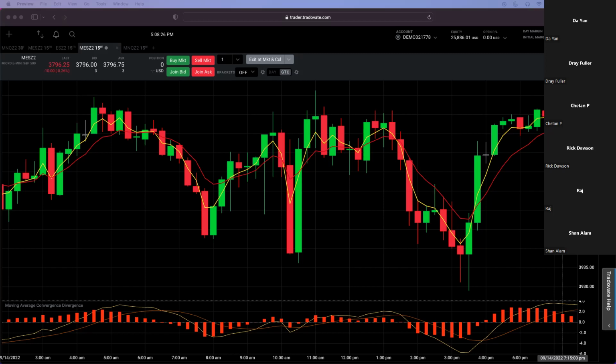Another point I always try to emphasize is don't try to enter every candle. I was making that mistake earlier, in the beginning. But the more money you make, the more you tend to lose it if you enter every candle.